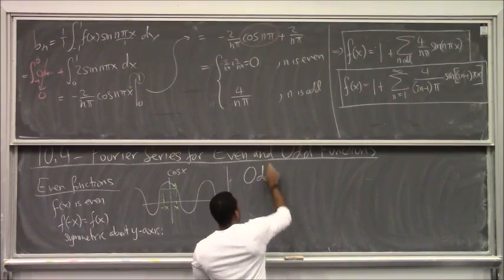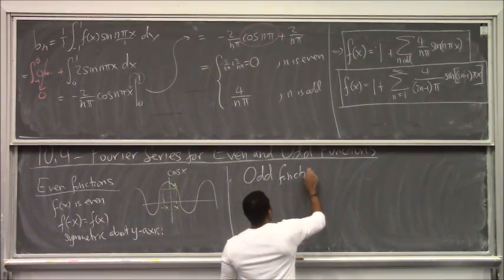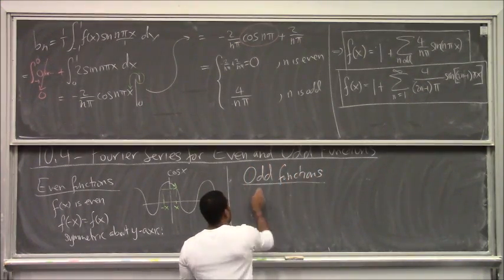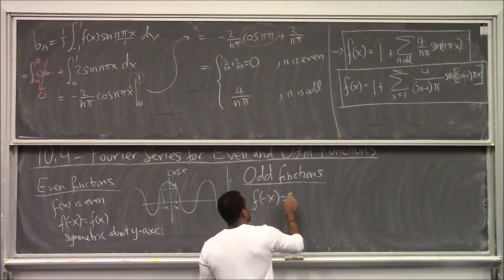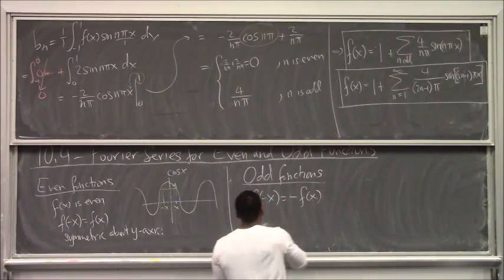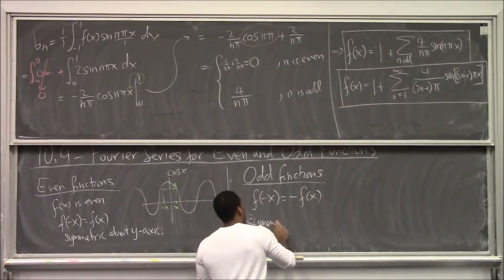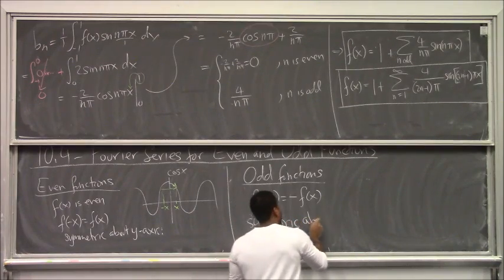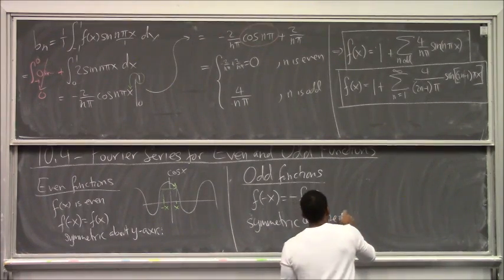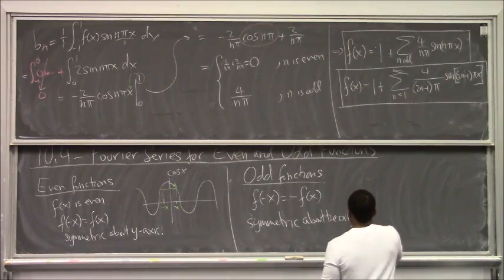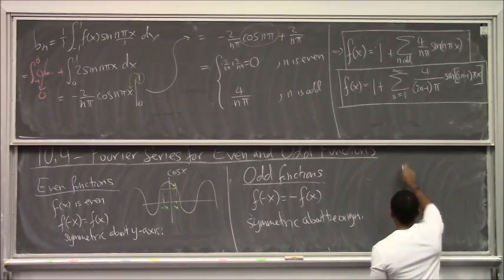Odd functions. This means your f of minus x is the negative of f of x. These guys are symmetric about the origin. It's kind of a strange thing to say, but let me give you an example.